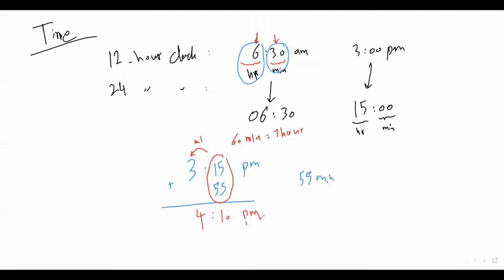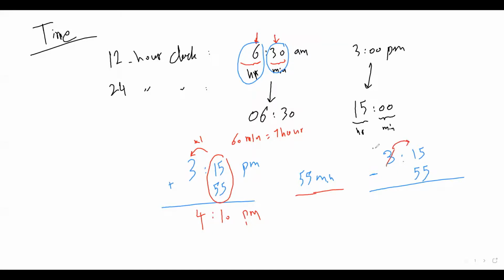For the subtraction, we do the same thing. Let's reverse this question. Let's say you arrive home at 3:15 and the journey was 55 minutes. When did you leave school? Now that's a matter of subtraction, because you reached home at 3:15 and it took you 55 minutes. We want to know when you left school. So if we cannot subtract 55 out of 15, you have to borrow 1 from 3.